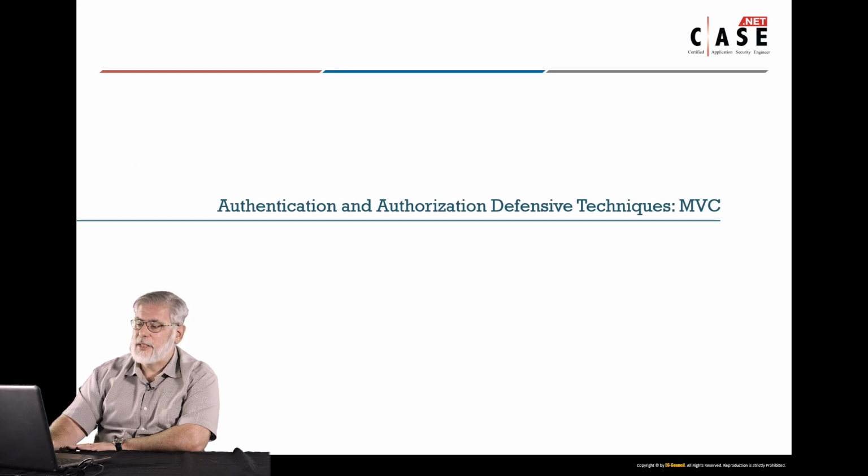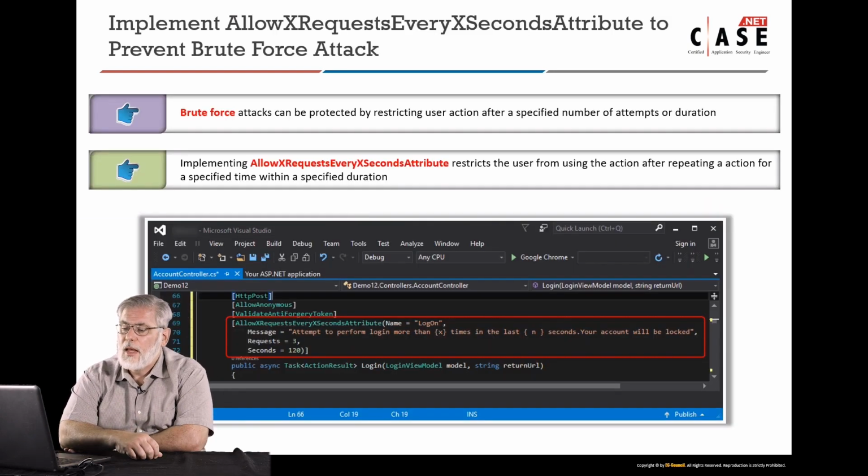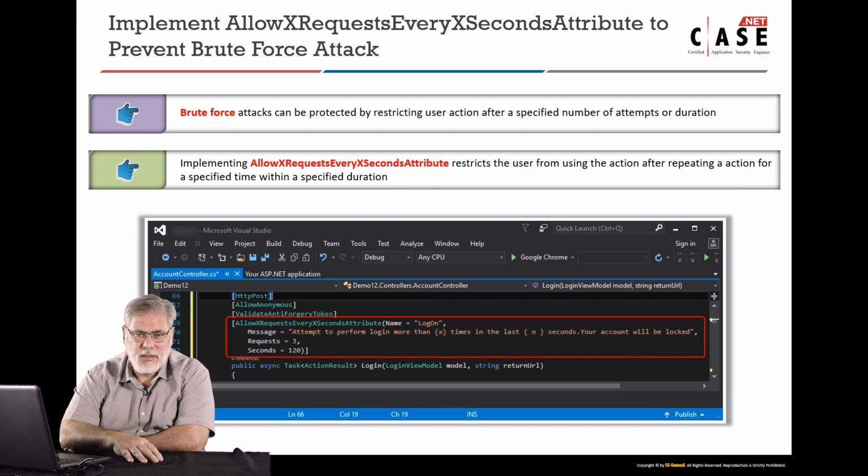Defensive techniques in the MVC. Allow requests every X number of seconds. What does this mean? We're preventing a brute force attack. In other words, you can only make X number of requests in X number of seconds. Say, 2 requests every 2 seconds, 4 requests every 5 seconds.